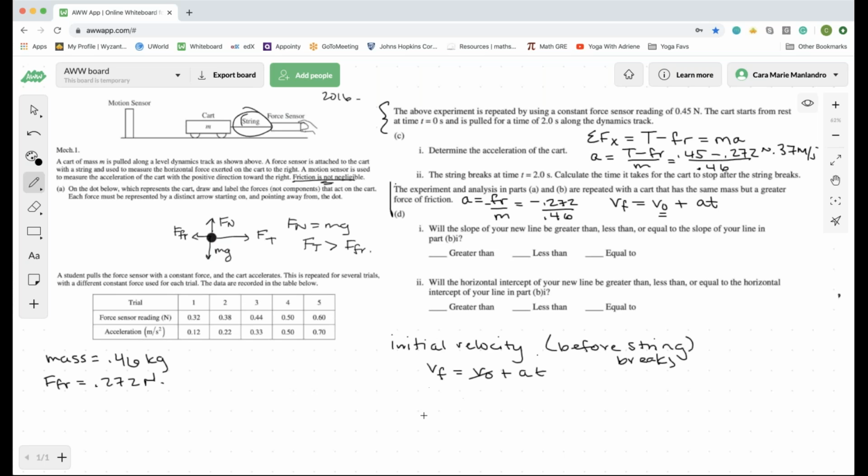Initial velocity is 0 because it starts from rest. Then I know my acceleration is 0.37, and t is 2. Therefore, the initial velocity I get to use to solve the problem is 0.74. This is right before the string breaks.